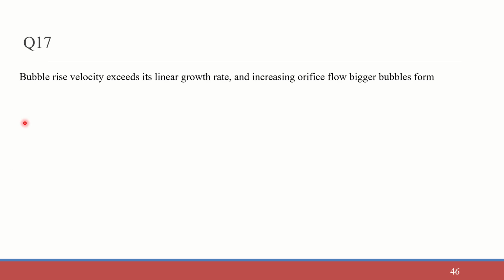Question 17 asks: bubble rise velocity exceeds its linear growth rate, and on increasing orifice flow, bigger bubbles form. Dash.